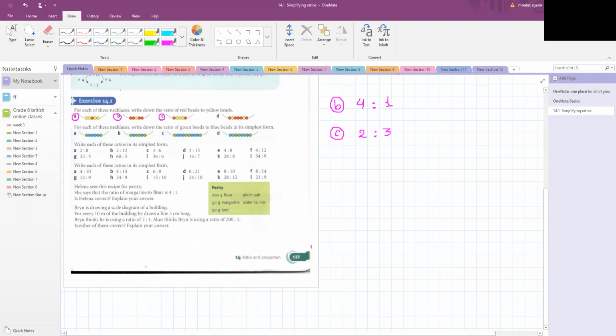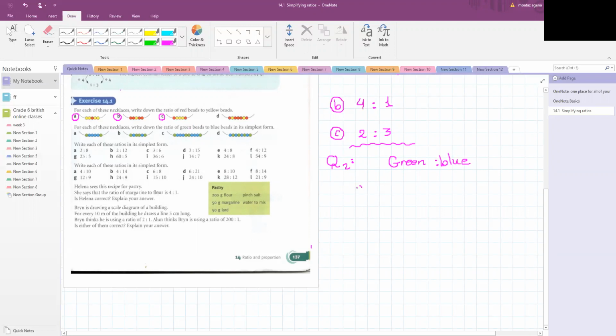What does it mean to write the ratio in simplest form? We will see now. First question, 2A. He said write the ratio of green to blue. So first of all, we will write green to blue.